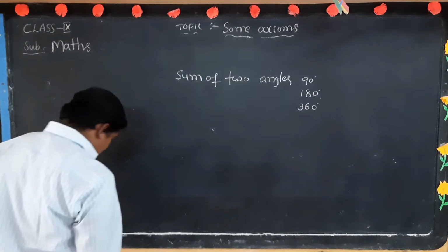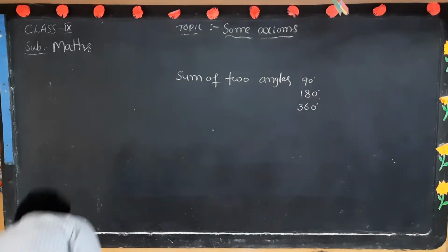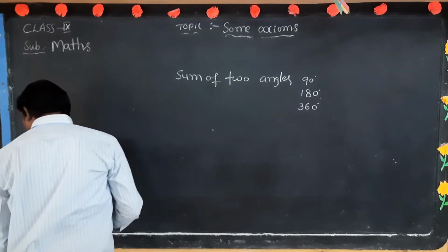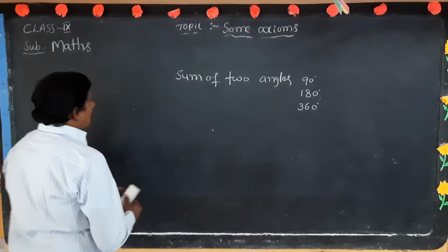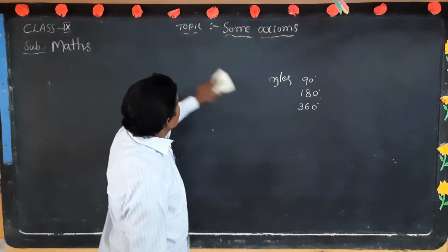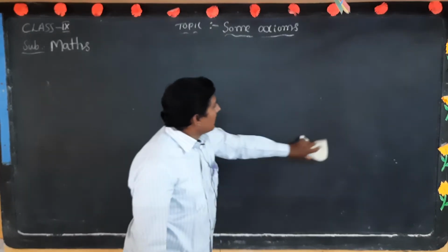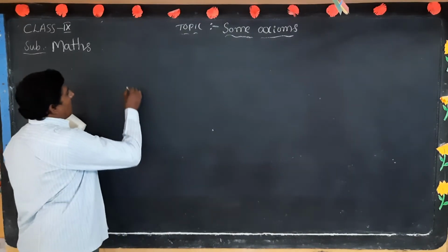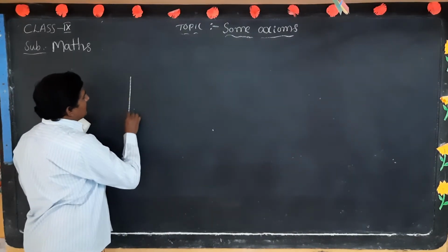Linear pair angles means, see, what is the difference between linear pair and supplementary? Okay, see, this already came for us before also.